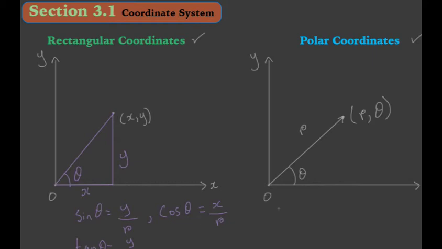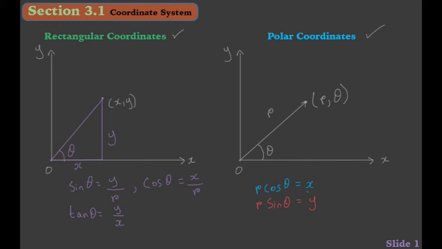Now using this relationship, I can say that r cos theta is equal to x, and r sine theta is equal to y.